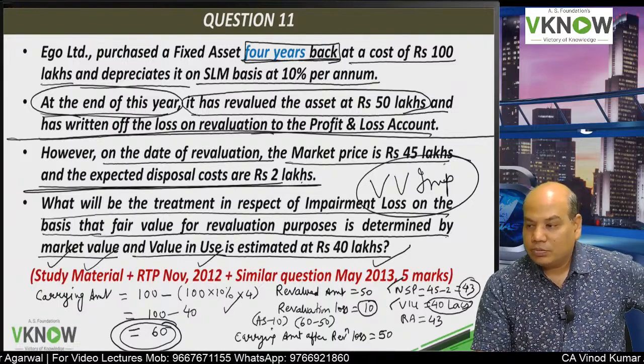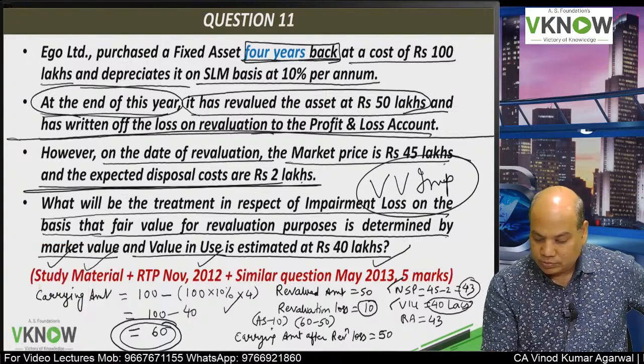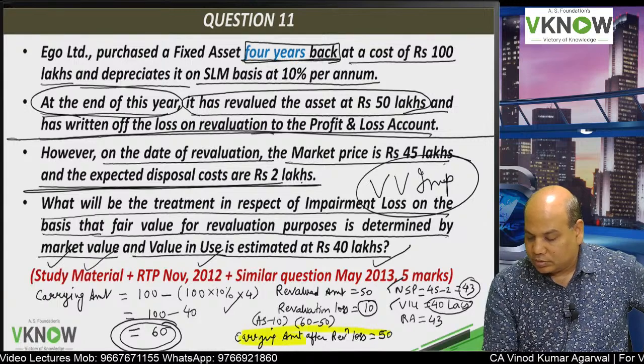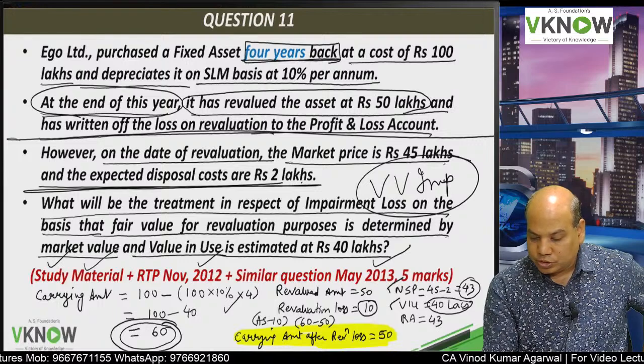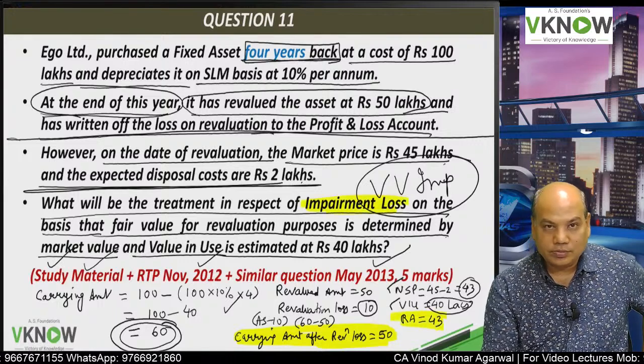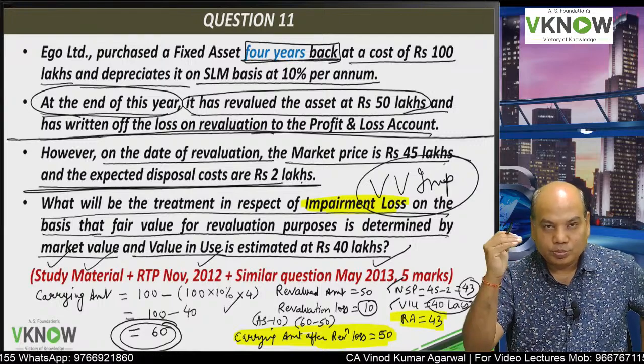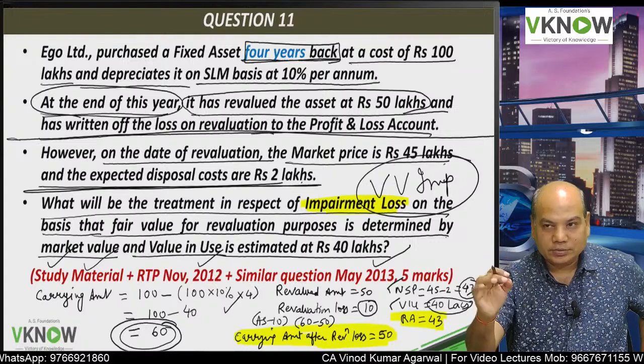Are you agreeing? Recoverable amount is 43 lakh and the revised carrying amount after providing revaluation loss is 50. So the question is whether there is any impairment loss. I will tell you the whole story again. You purchase an asset for 100 lakh.